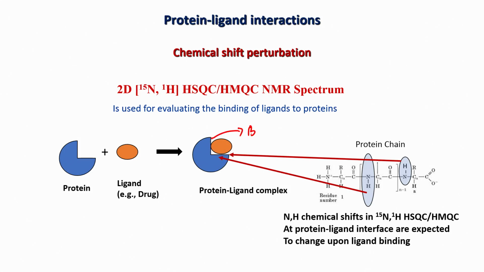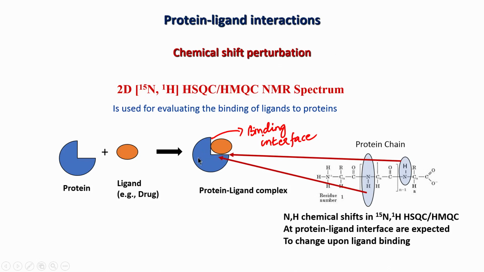This is called a binding interface. The amino acids located in this interface will experience a difference in the chemical shift before and after the ligand interaction. So, this change in the chemical shift is what we are looking for.